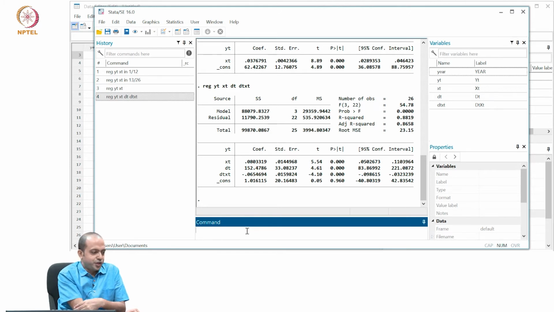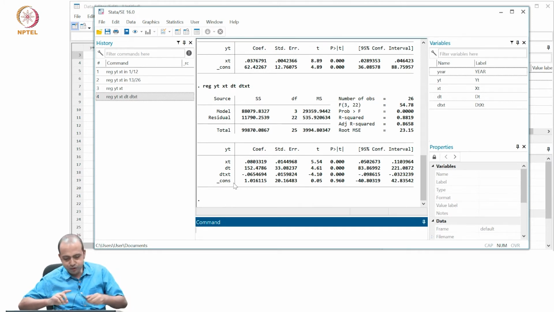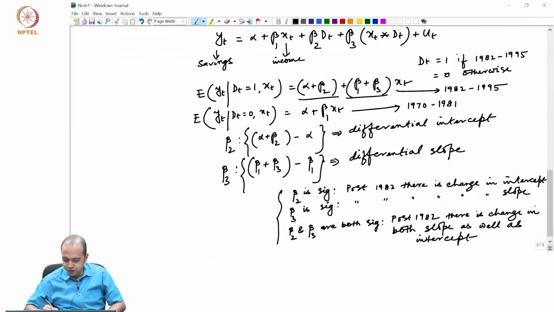So, we have estimated the model, right? Now, if you look at how we have explained the interpretation of the dummy and the interaction, from this model there are several terms. I will just go back to the previous discussion.